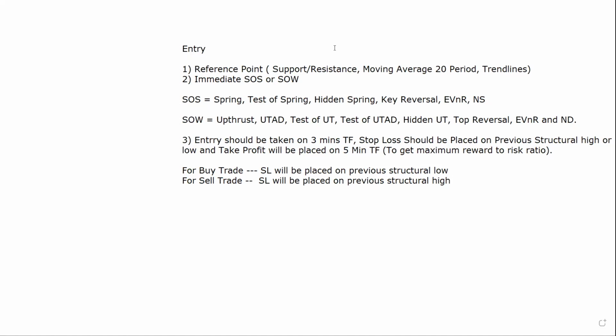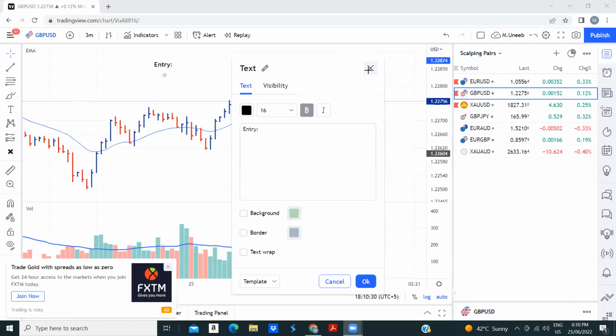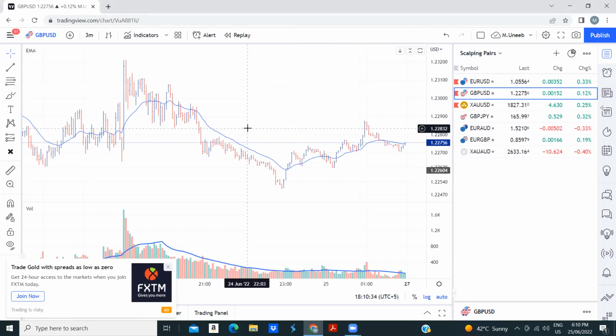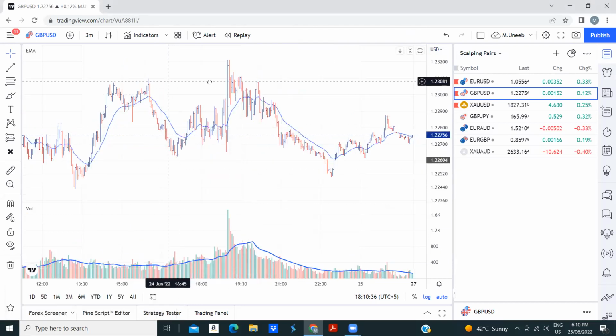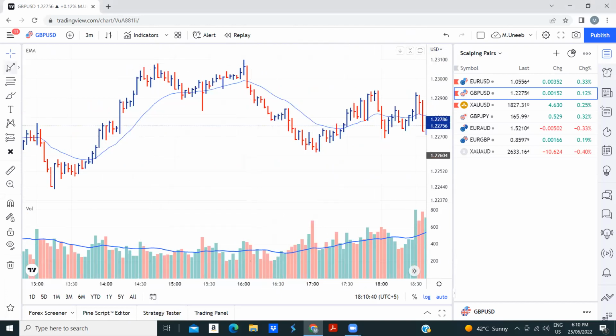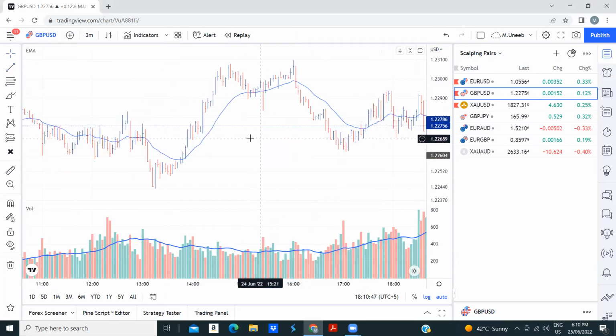So let me show you on the screen now. What was the first point? Reference point. For example, if this is a reference point here, if we draw the structure here, I will not go down, but I can draw the structure very easily from here.